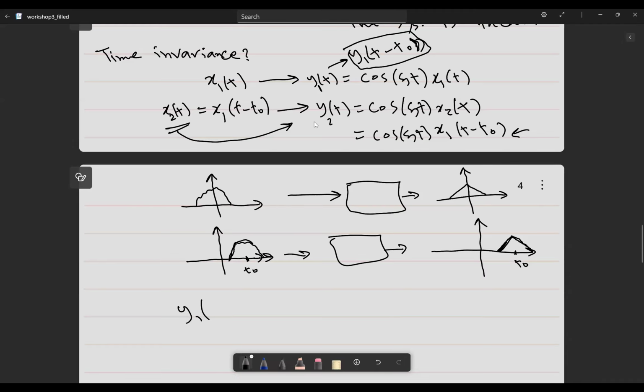I have a quick question. So when we're shifting it, in y2 of t above, do we have to do 5t minus t naught inside the cosine? We should, yeah, because what we are doing here is just substituting, instead of each t and every t, t minus t naught. So yes, you should do it everywhere.